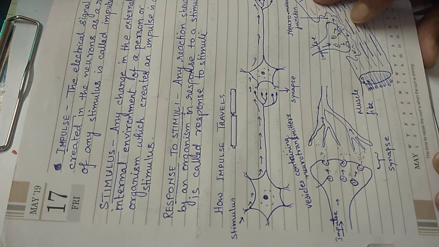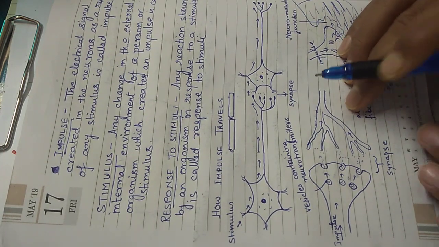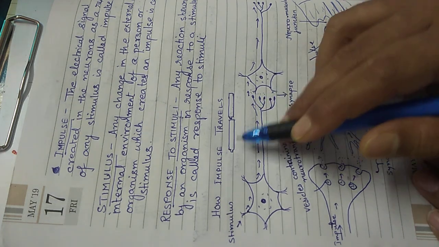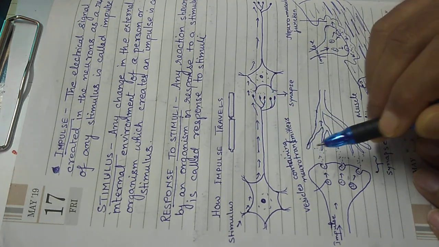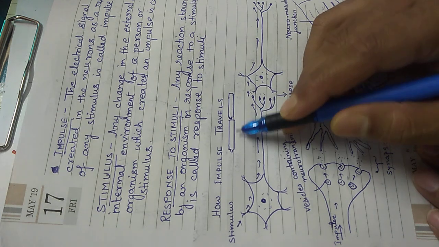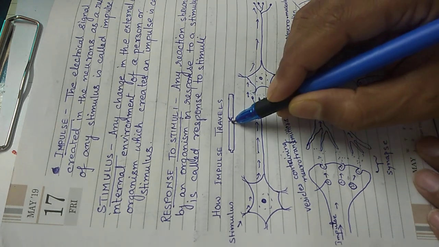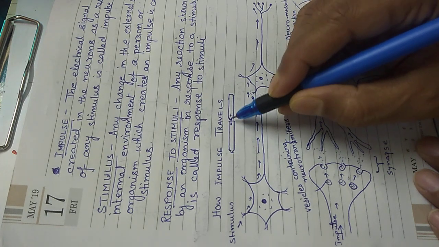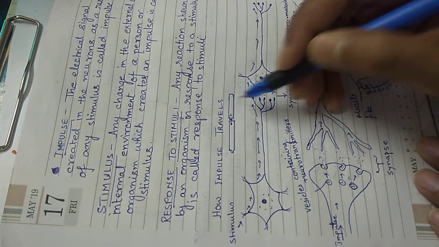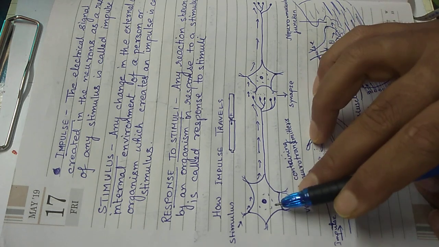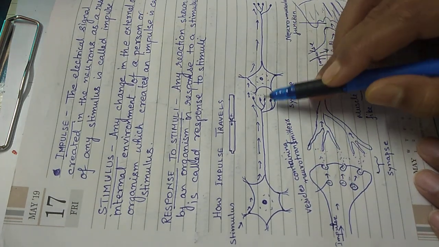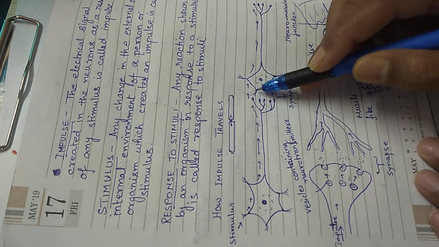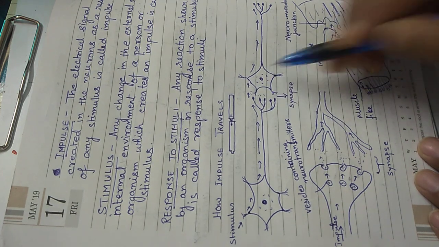So how does the impulse travel? Let's have a look. You should remember neurons are connected similar to how we connect the cells in a battery. In a battery, the negative end of a cell is connected with the positive terminal of the corresponding cell. Similarly, when neurons are connected, the nerve endings of a neuron are connected towards the dendrites of the next neuron.